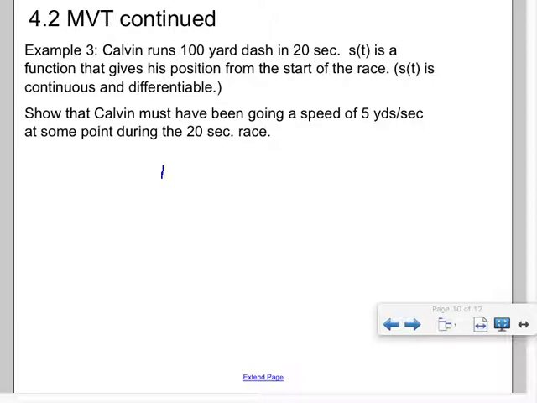Let's think about the slope from the beginning of the race, 0, to the end of the race, 20 seconds. So we know that the slope between 20 and 0 is, we'll call it, S of 20 minus S of 0. Now that's just the position you're at 0 versus your position you're at 20.